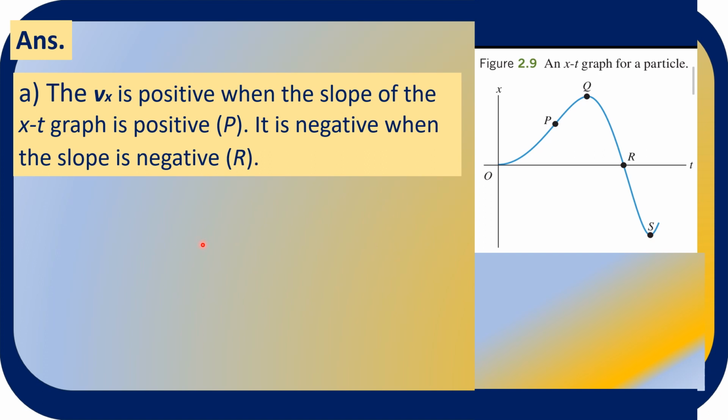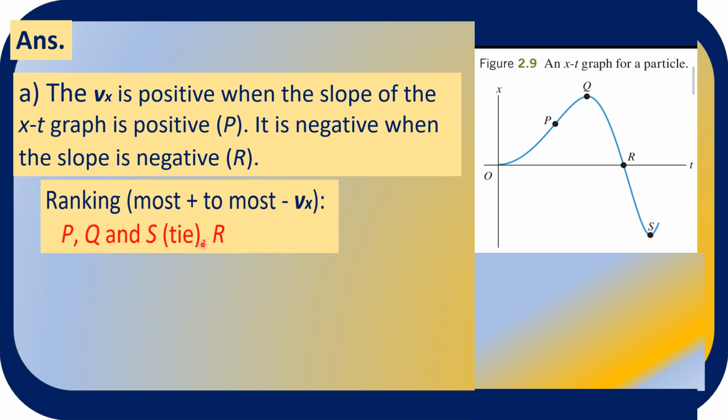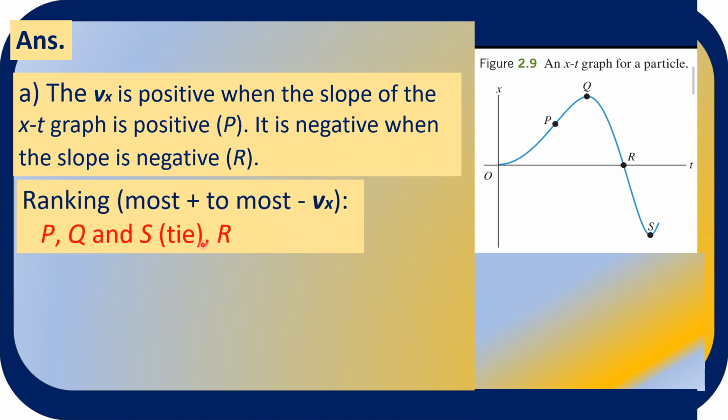Now, moving on to our answer to letter A, which is asking us to rank the points from the most positive to the most negative instantaneous velocity.